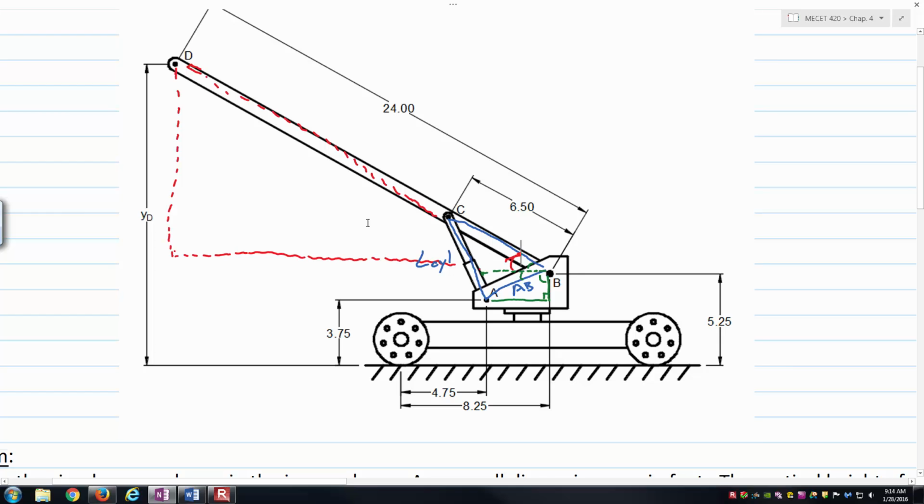That's because I know the overall distance, y sub D, and I also know this distance right here, 5.25 feet, so I should be able to find this vertical leg. After finding the vertical leg, I could use something like the inverse sine to come up with that angle. That'll be the way we go.